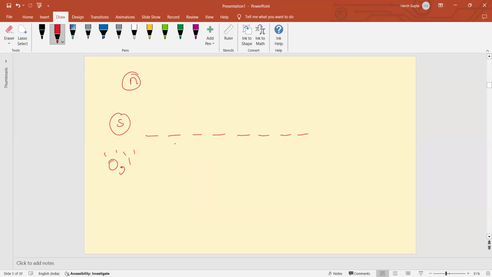And they have told that if we are considering any substring of length 2, it should contain at least one 1 character. Okay. So if we are considering this string, we should have at least one 1. This is possible. This is possible. Again, this is also possible.